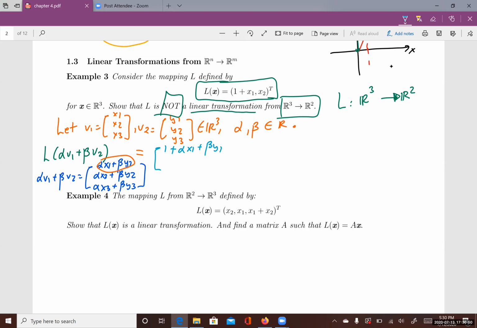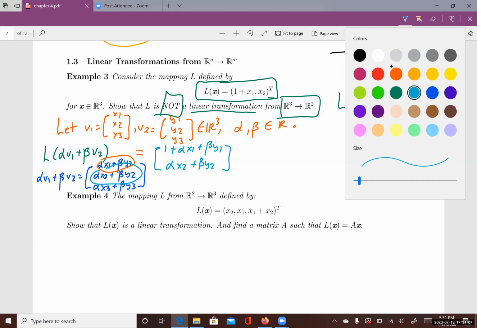That's the first coordinate. And the second coordinate is alpha x2 plus beta y2. So this is the result vector after applying this map.